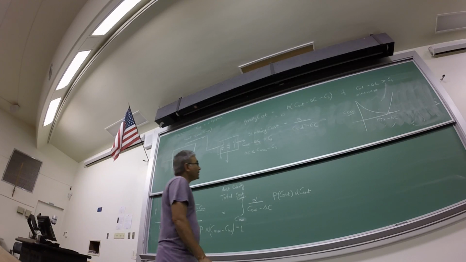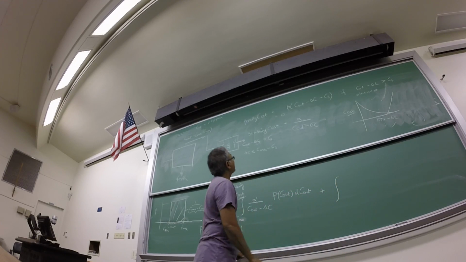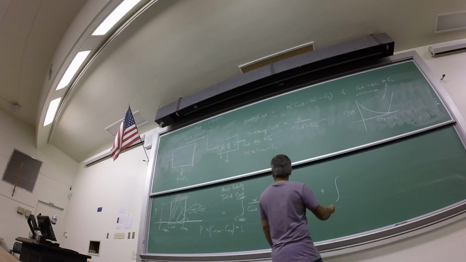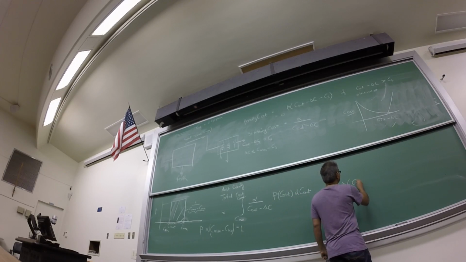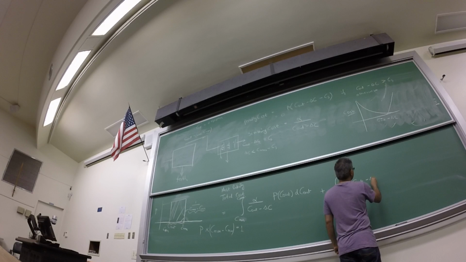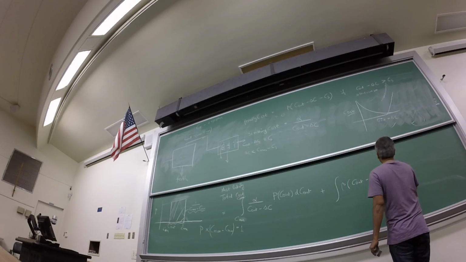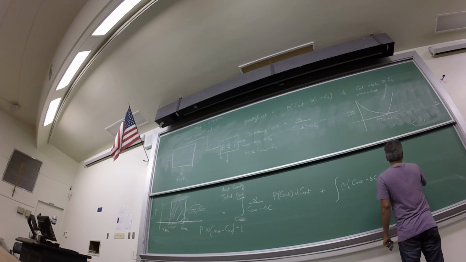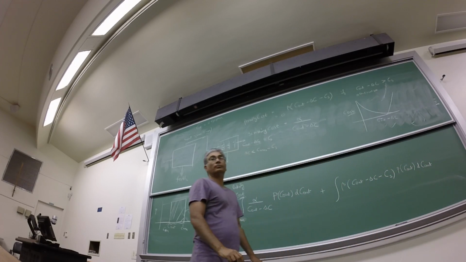Now, of course, you have to add the most likely cost for the penalty. The penalty is this constant beta times C out minus delta C minus C save. And again, you multiply by the probability of C out, dC out. Now, what would be the range here?